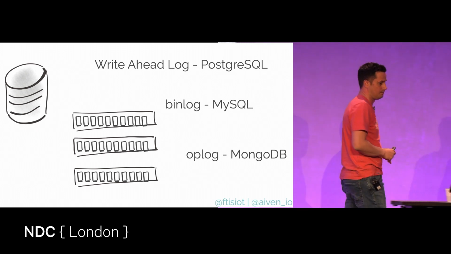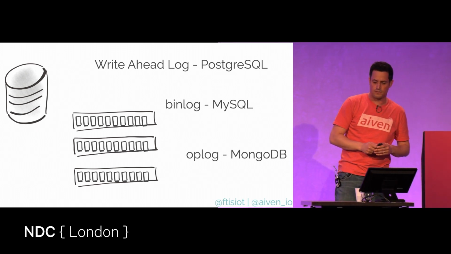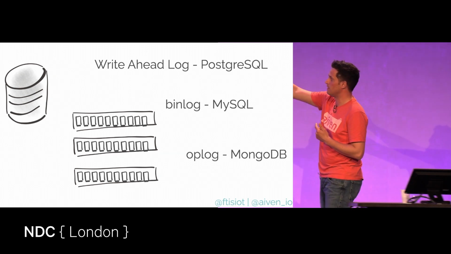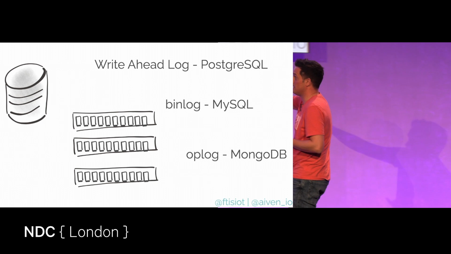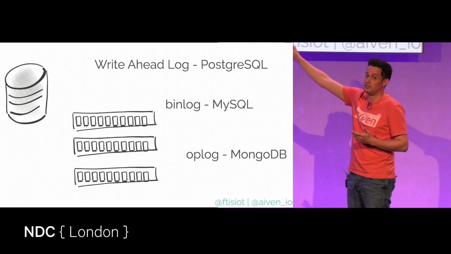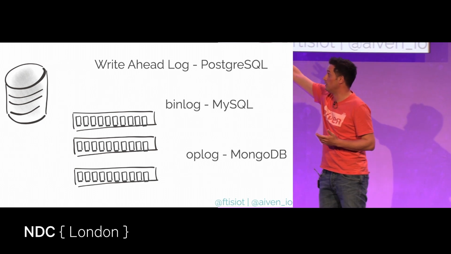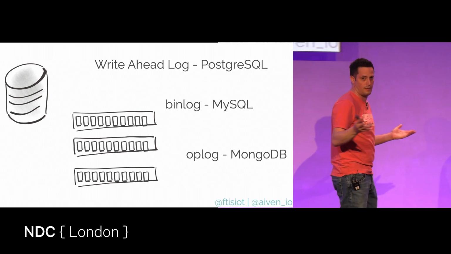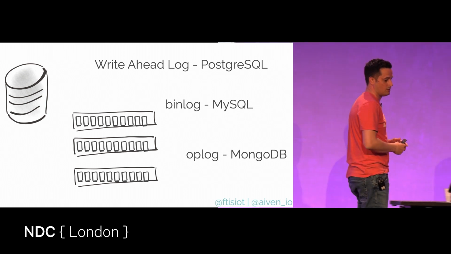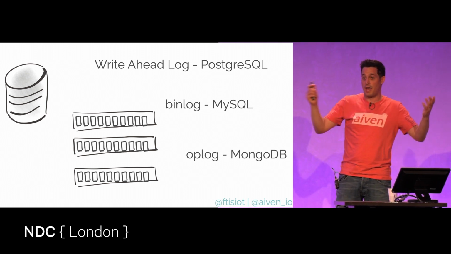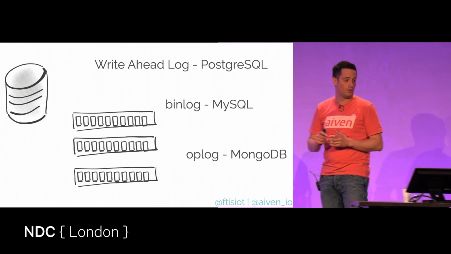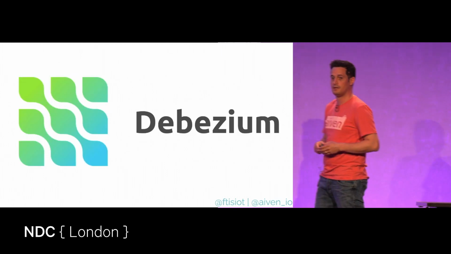So it would be beautiful if we could use the information in the log, because since the database needs to track all the changes itself in the log, if we are able to read those changes, we are not going to miss a thing. We are going to track all the changes. And I'm happy to tell you that we can do that with another type of connector, which is called the Debezium connector.